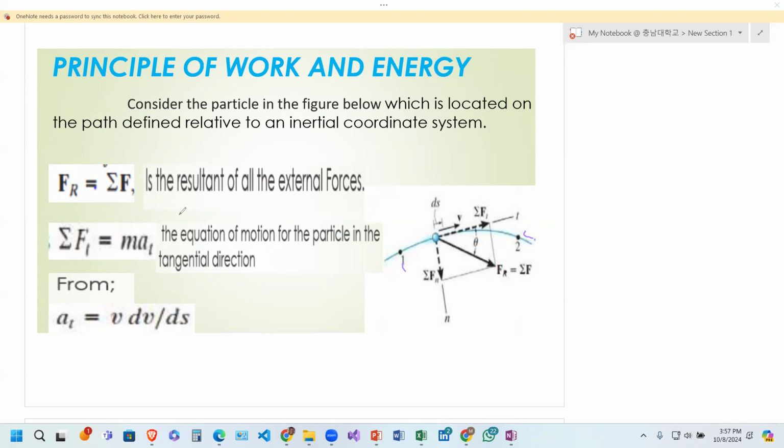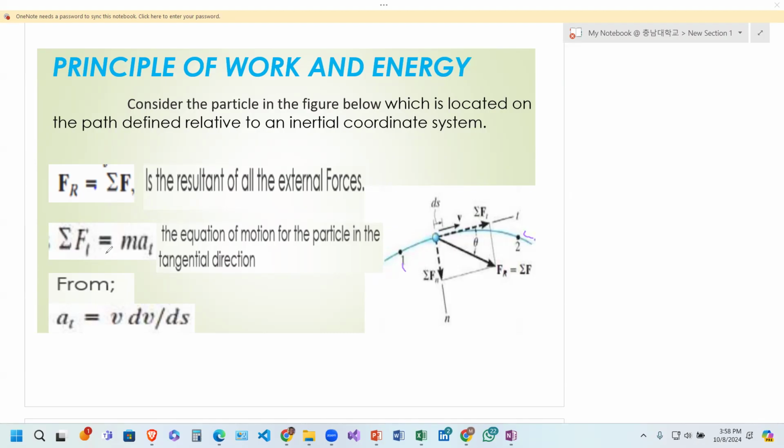Let's say Fr is the resultant force. The resultant force is the summation of all the forces, in whatever direction, so it's the resultant of all the external forces acting on this particle.